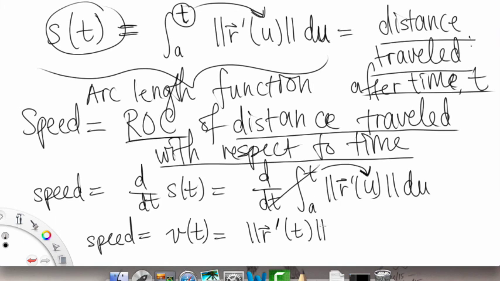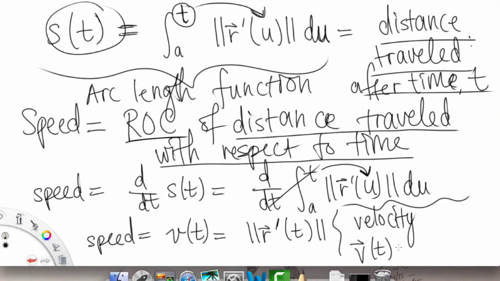Okay, so this is our speed, and it's good to note that our velocity, I'll just draw a little contrast here. Velocity is a vector, right? So velocity vector v of t is equal to r prime of t, and this is the vector form.